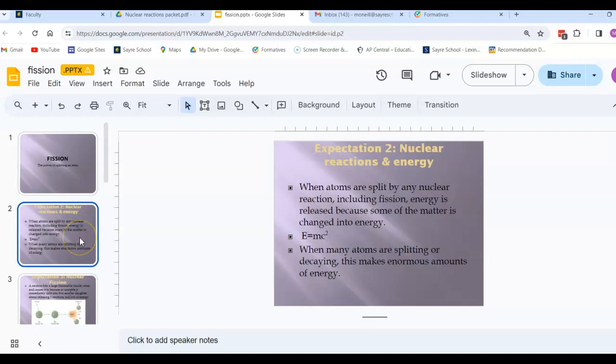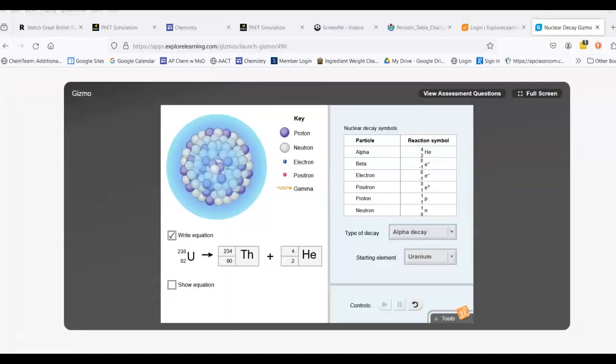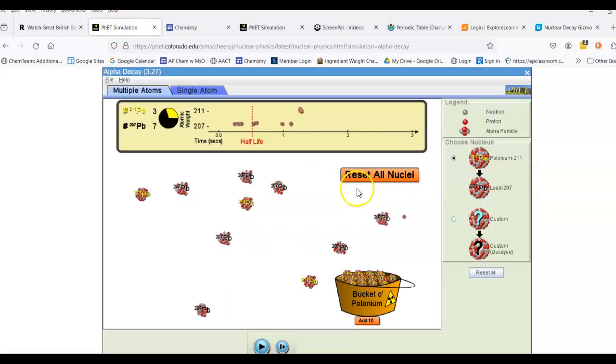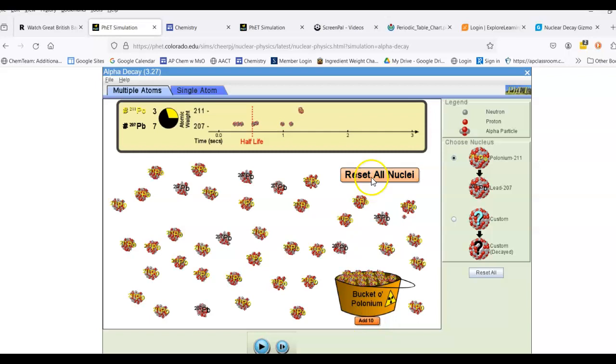Let me come back here. So this is what's going on inside the plutonium fuel.